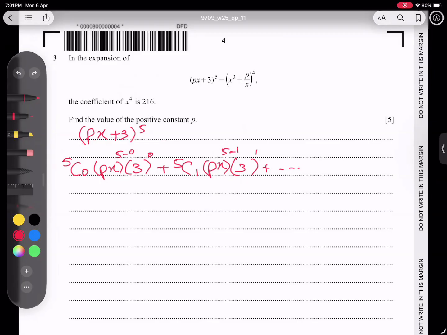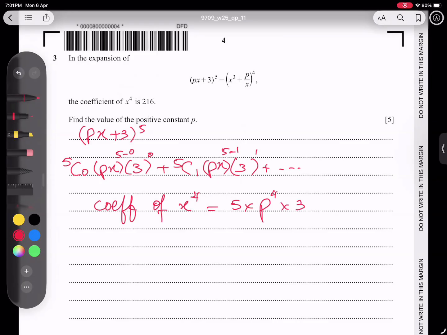I'm just writing the term or coefficient of x to power 4 is 5C1 is 5. This is the power of p and power of x, n into 3. So basically I have to eliminate x.